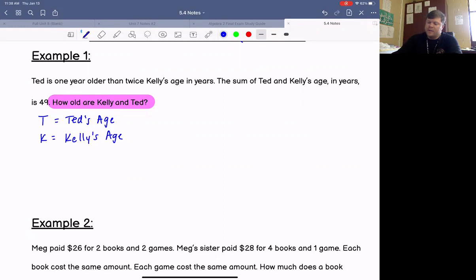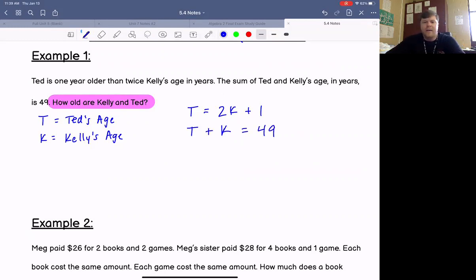So if I translate that into an equation, Ted's age is equal to twice Kelly's age plus 1. So twice Kelly's age in years, and he's 1 year older than that. So T equals 2K plus 1. And then the second part, the sum of Ted and Kelly's age in years is 49. So that means that T plus K must be equal to 49.